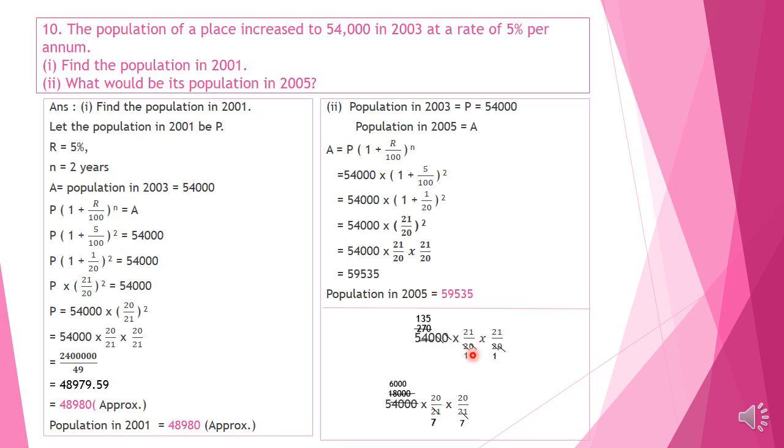Then 2, and we have here 540. We cut by 2 and we get 270. 270 and this 2 we cancel and we get 135. Okay, multiplying 135, 21 and 21, we get 59,535. Therefore, population in 2005 is 59,535. Okay, children.